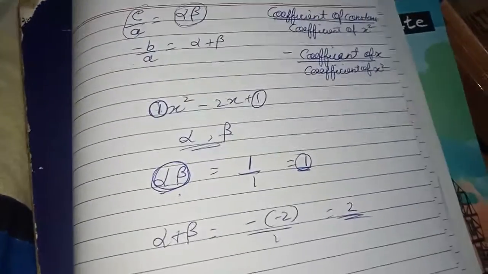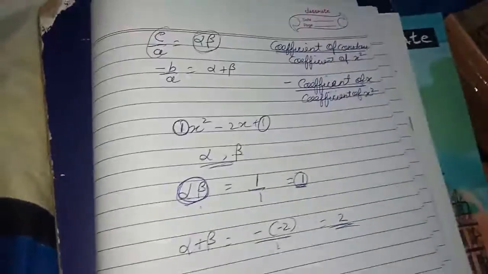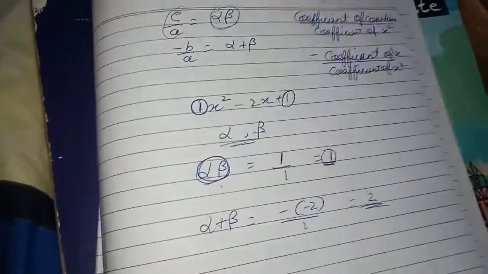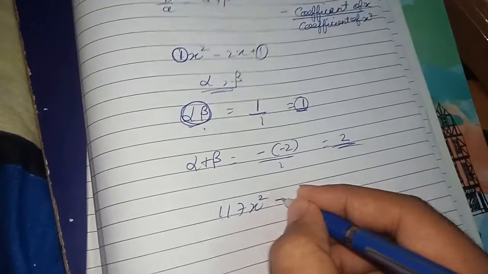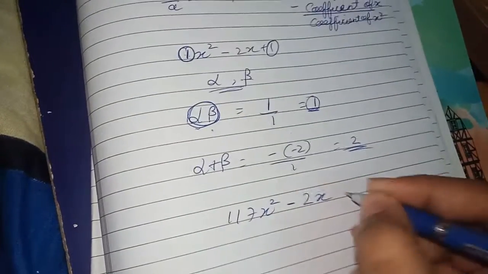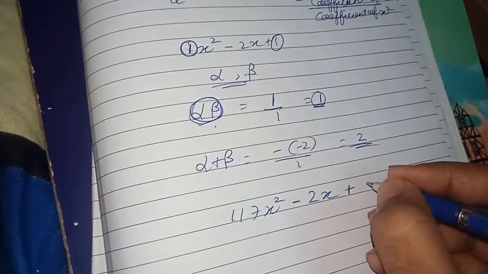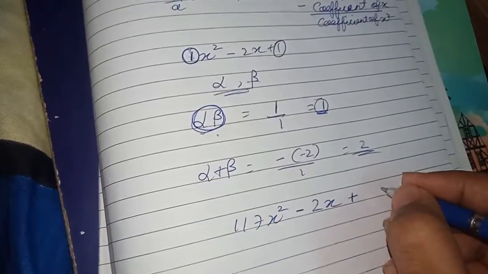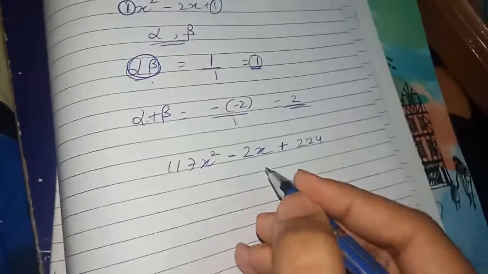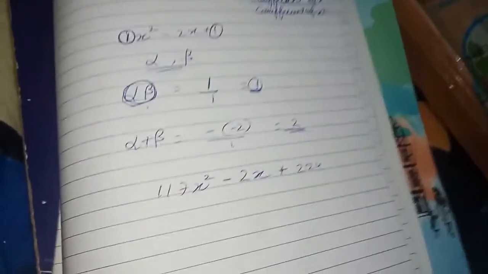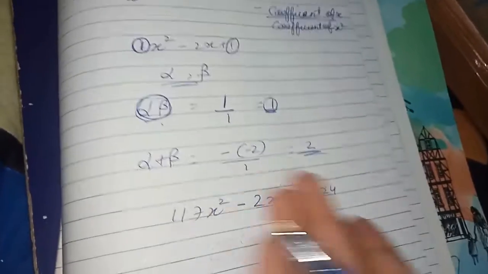So in an exam, if a very big polynomial is asked, for example 117x square minus 2x plus, let's take anything, 224, anything like that, you can take yourself. Now if it is asked to find the product of roots, you will not take out the roots of this.